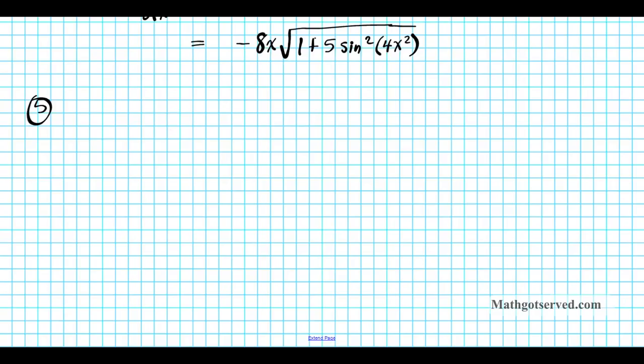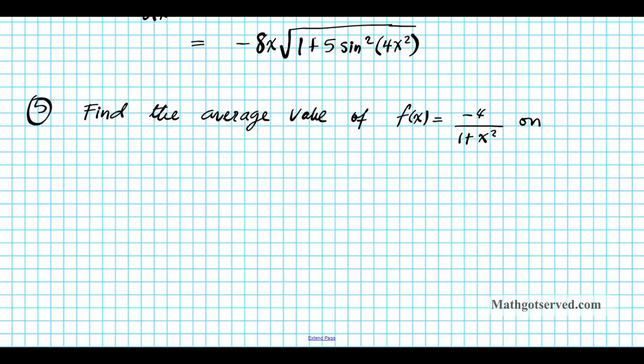So find the average value of f of x equals negative 4 over 1 plus x squared on the interval negative root 3 all the way to 1.